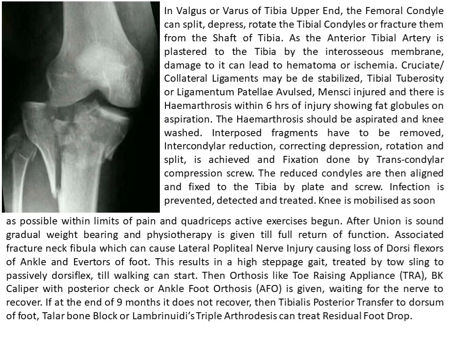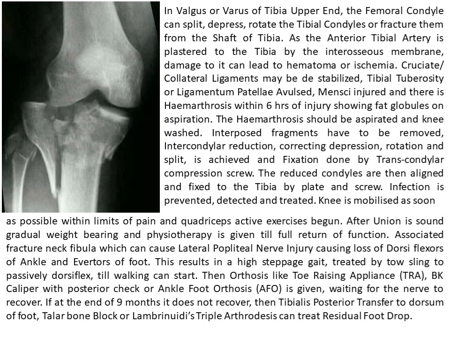As the anterior tibial artery is plastered to the tibia by the interosseous membrane, it can be damaged, leading to huge hematoma and distal ischemia because of the edema-ischemia cycle.